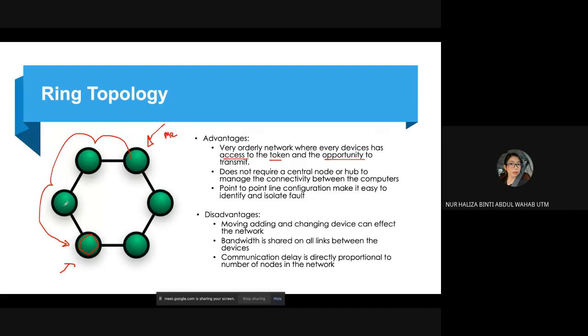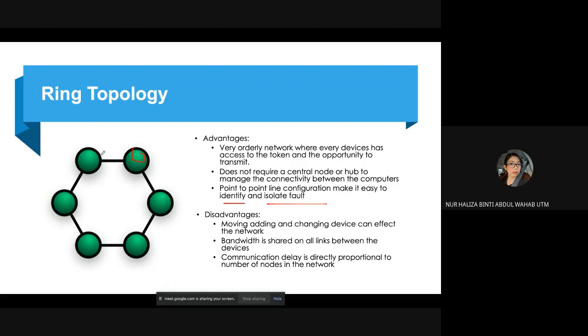So there is an opportunity for all the nodes to transmit data, not only from yourself. And it does not require a central node, like a switch or hub, to manage your connections. And it is a point-to-point configuration, which makes it easy to identify and isolate faults.